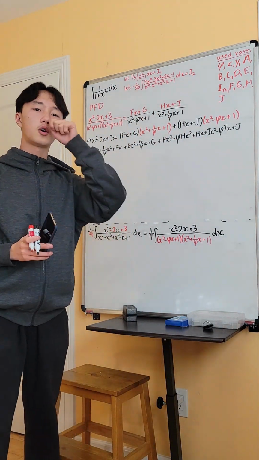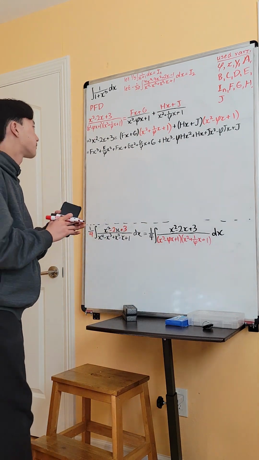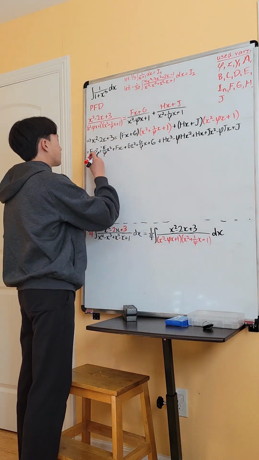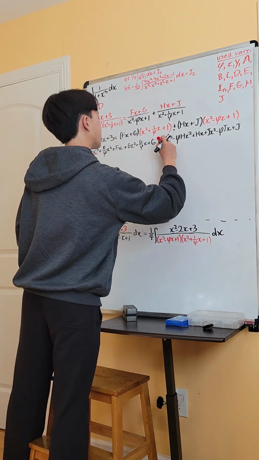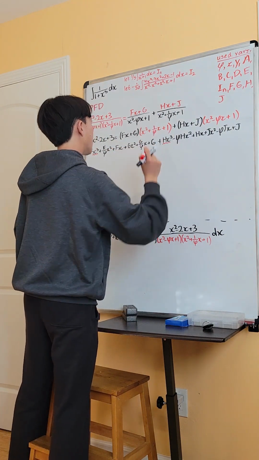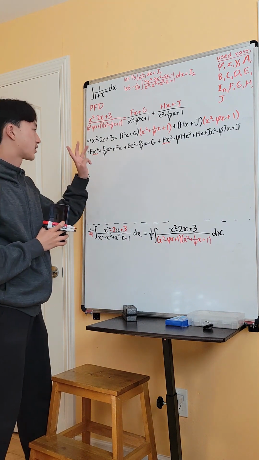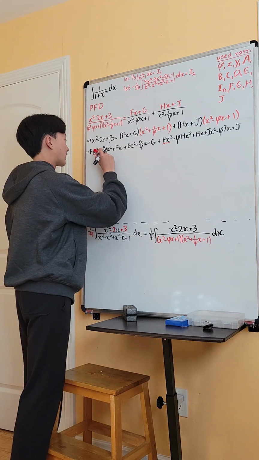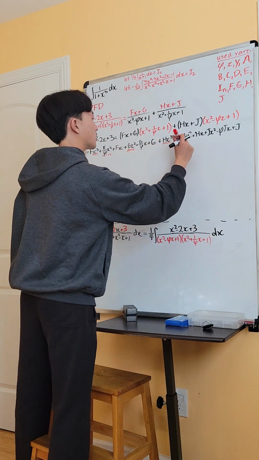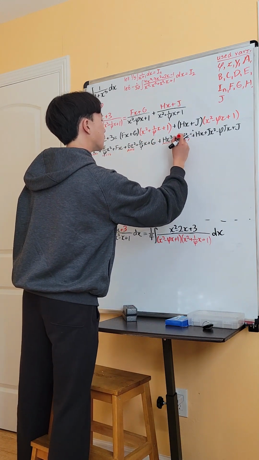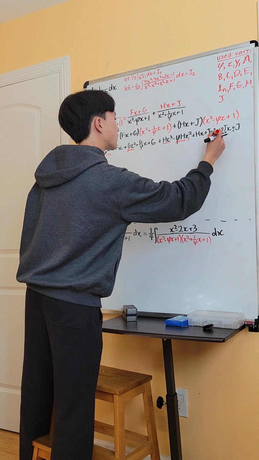Now let's group these all by their degree. Okay, so cubics: we have 1 cubic and then 2 cubic. In terms of quadratics, we actually have 4. We have 1 quadratic here, another here, another here, and another here.